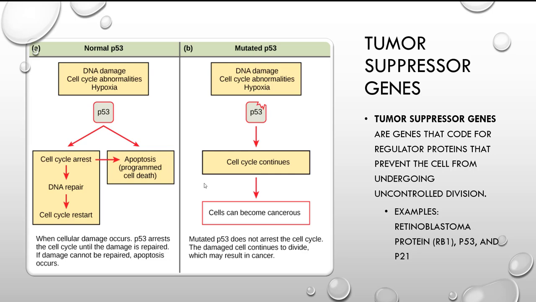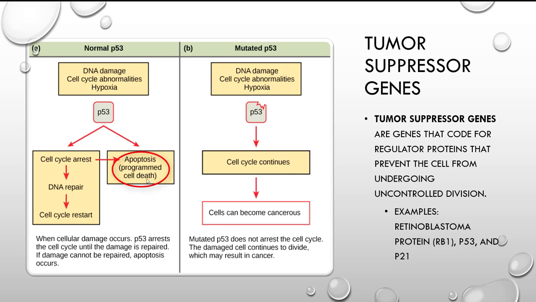So like P53, if you have P53 turned on, that's going to basically cause the cell cycle to arrest, and that will signal this. If the cell is damaged, then that will tell the cell to undergo programmed cell death, which we know as apoptosis.